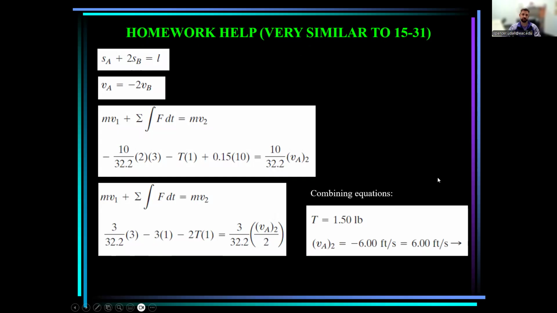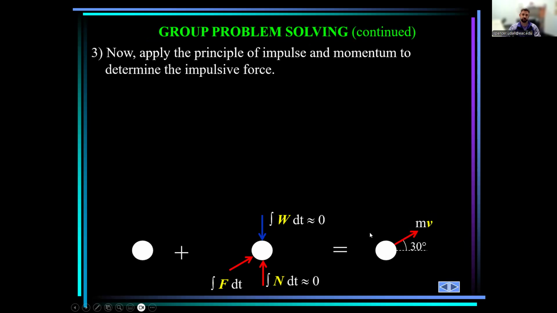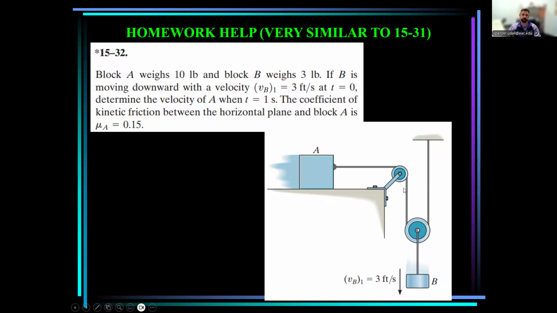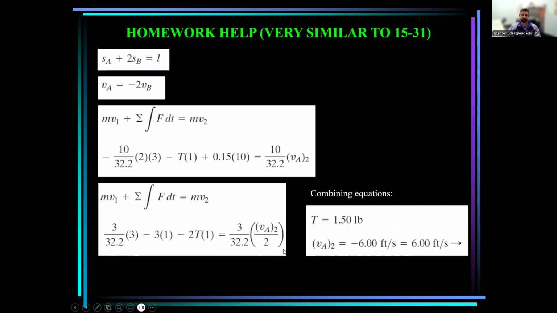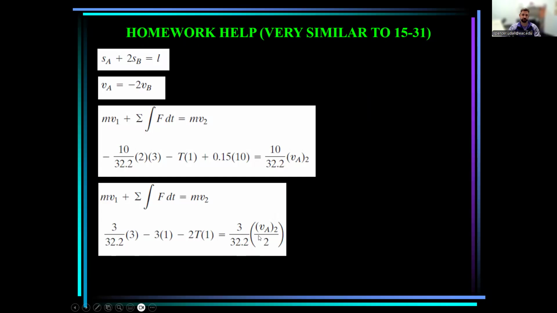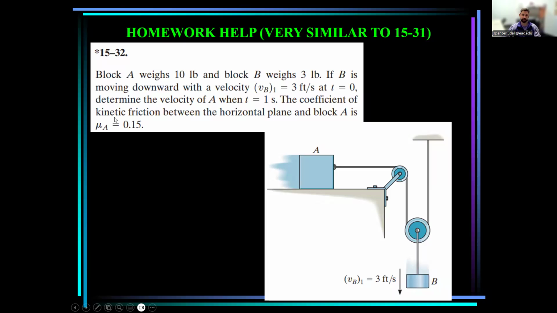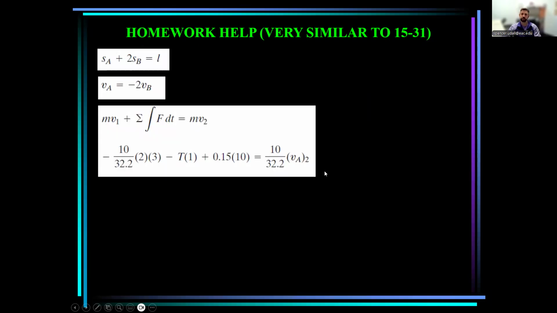And it has two T's also acting on it over the course of 1 second. And so its final mass times velocity will be the same mass again in slugs, and the velocity of A divided by 2 is the way that they're handling this. That's a little bit funny, but we don't know what velocity of B2 is. We just know that it is half of whatever velocity A is.